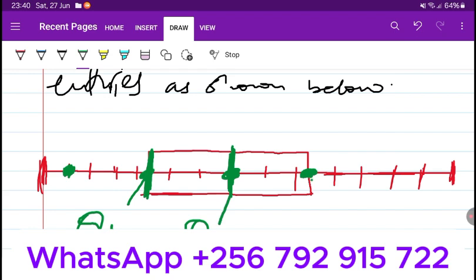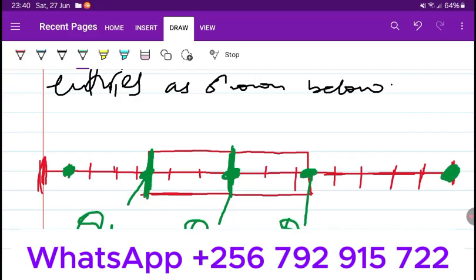This is our Q3, the third quartile. Then the last number that we plot is the maximum value. Let's assume that the maximum value is at this point. This is our maximum value.